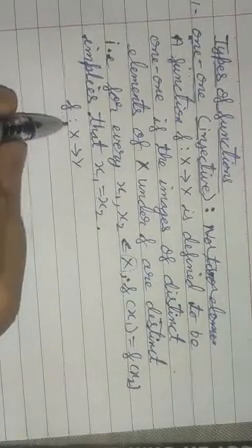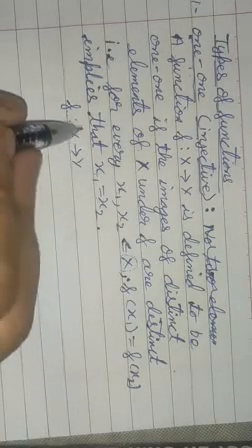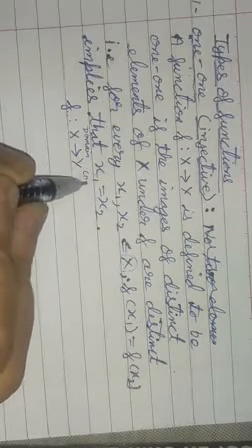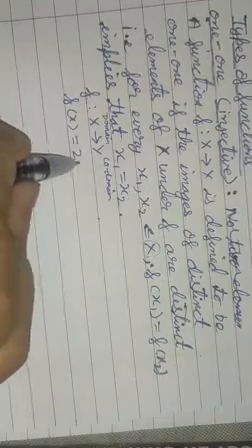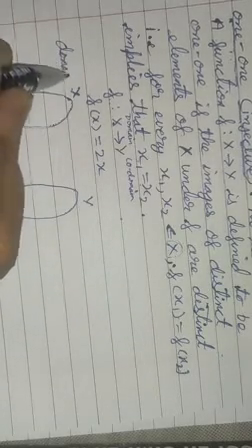Now suppose this is a function f: X to Y. Here X is the set of domain and Y is the set of codomain. Now if you take a function as f(x) equal to 2x, there are two sets, X and Y. X is domain and Y is codomain.